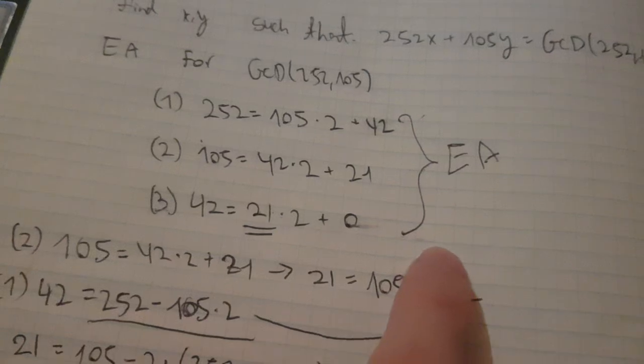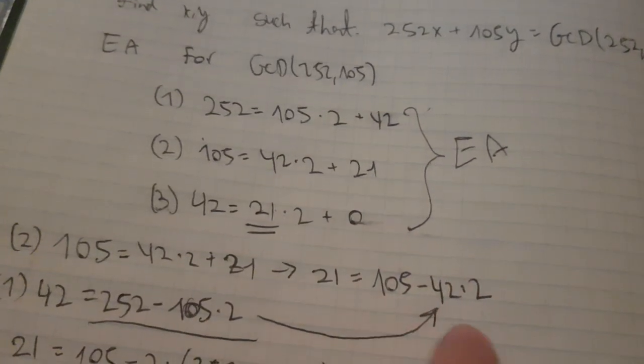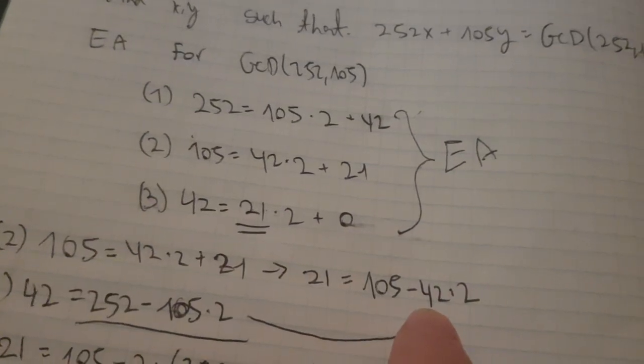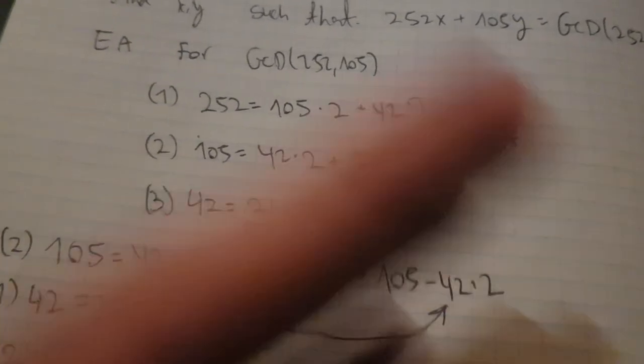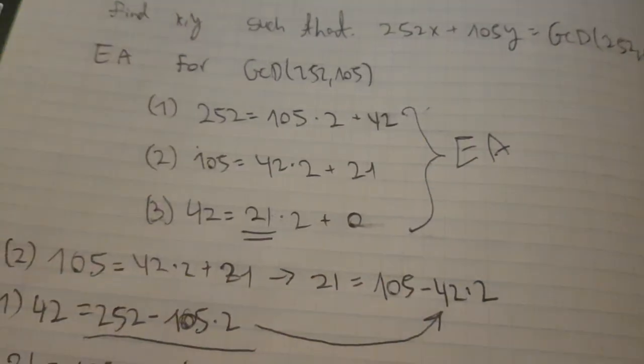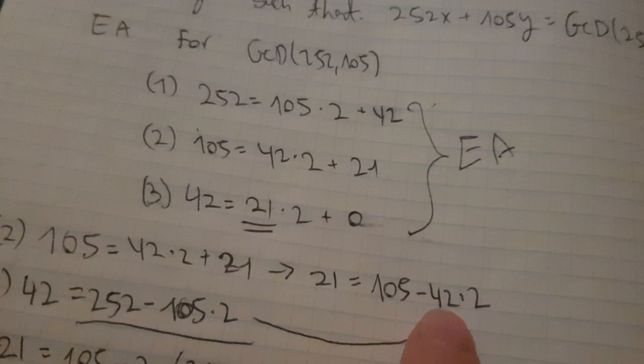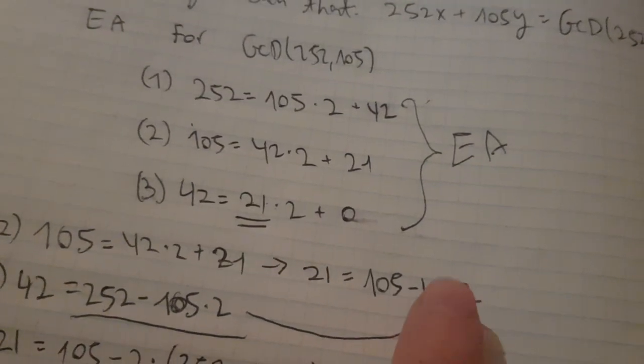Now, this 42 is not A and B. I want here the greatest common divisor, and here I want to see only A and B multiplied by something. Those are the coefficients. So I need to get rid of this 42 and get instead A and B.